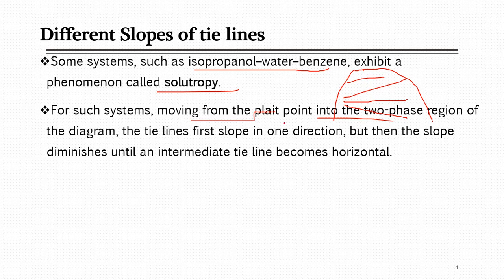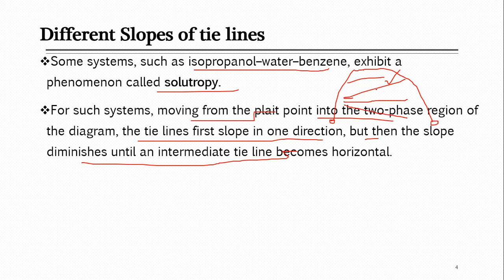So when you move from the plait point to the two phase region of the diagram, the tie line first slopes in one direction, like I have shown you, upward. Suppose this side of the triangle is solvent and the other side is carrier. So they are upward from solvent towards carrier, as you have seen in this example on the last slide. Then the slope diminishes until an intermediate tie line becomes horizontal.